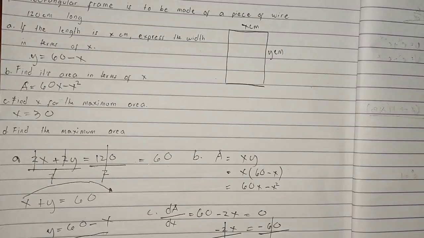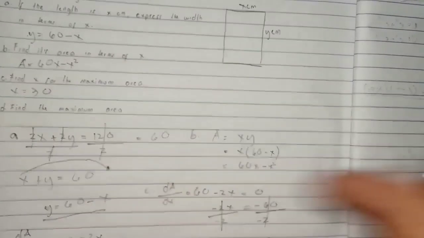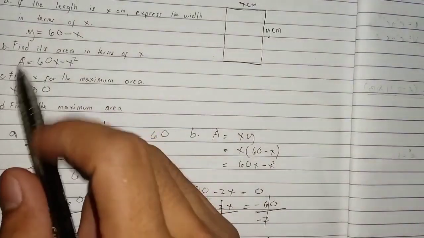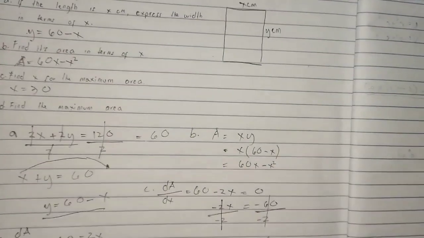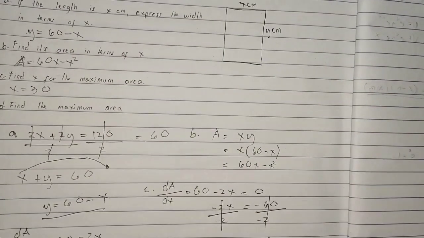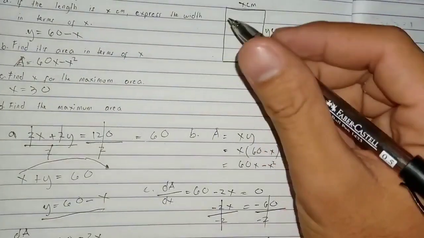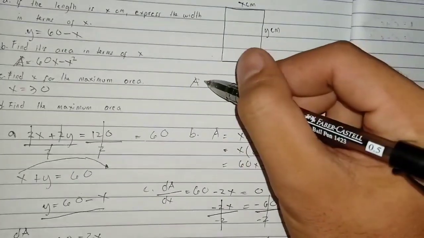Okay, so finally, in our final task, we find the maximum area of the rectangle. So we will just use this equation. Since we confirmed that the value of x equal to 30 gives us the maximum area, we will just substitute the value in our equation.